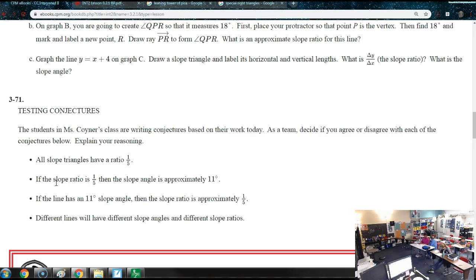It's approximately 11 degrees. You just have to go back to it. We did. Yes. And it's wait. Books can be different. Okay, wait. Slope. Yes. We did the exact same thing. But wait, what if it's different though? It can. I guess that's yes. So if the Right. slope ratio is 1/5, then the slope Different angle lines is have that's different true. slope Yeah. angles Yeah, that and makes different sense. slope I mean, what else would you ratios. do? I wonder.